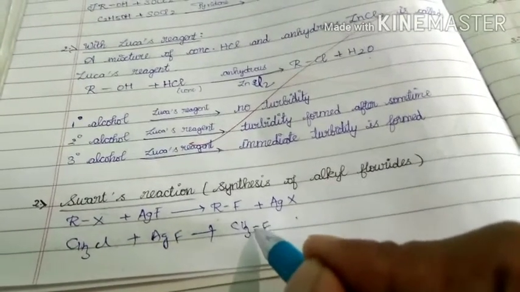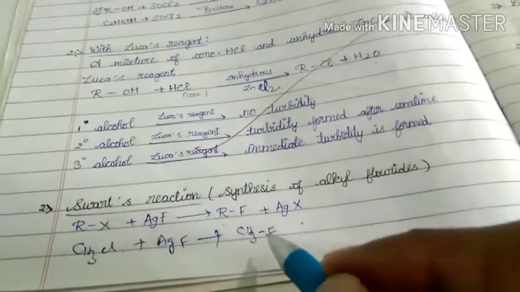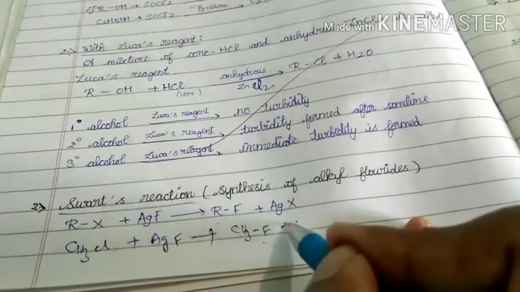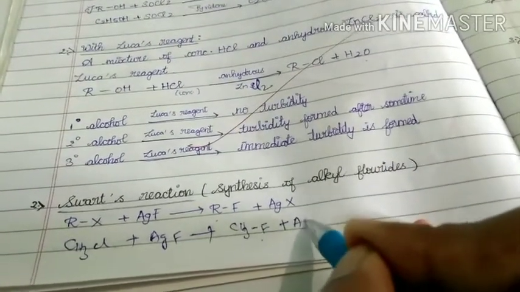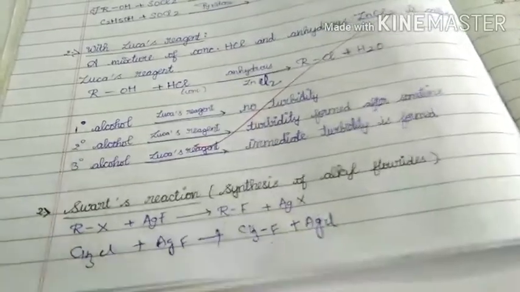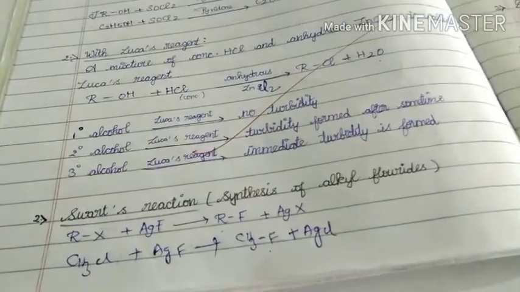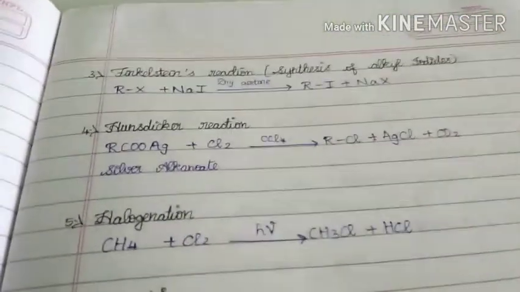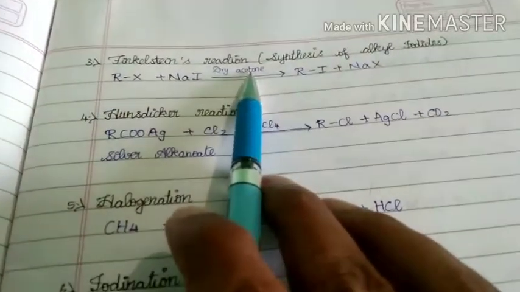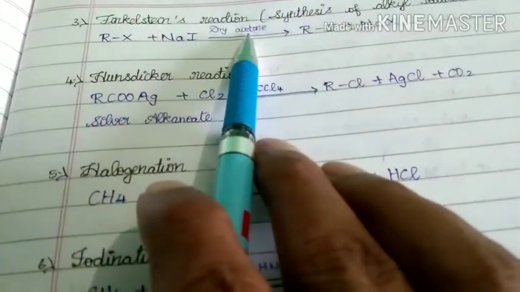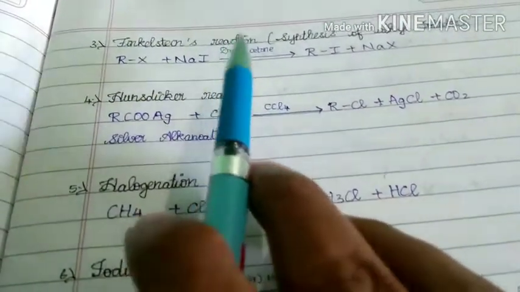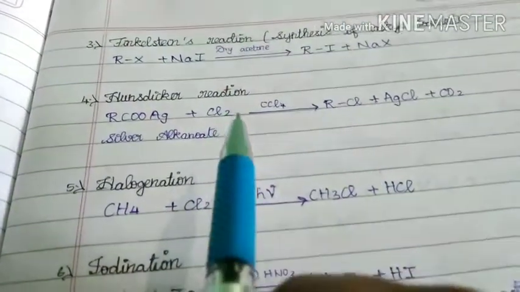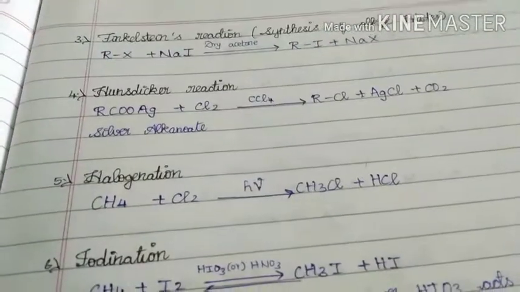Or you can remove the bond here, that also will not be wrong. Then we get AgCl. So this is also one of the examples for the Swarts reaction. Next reaction is Finkelstein's reaction. This is also one of the named reactions. Whenever a named reaction comes, you should remember those reactions specifically.